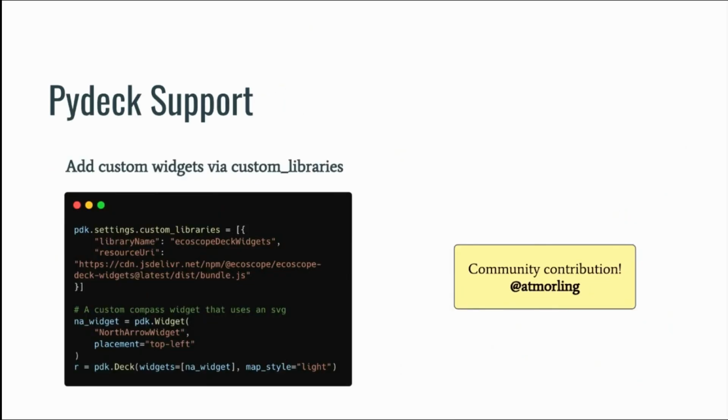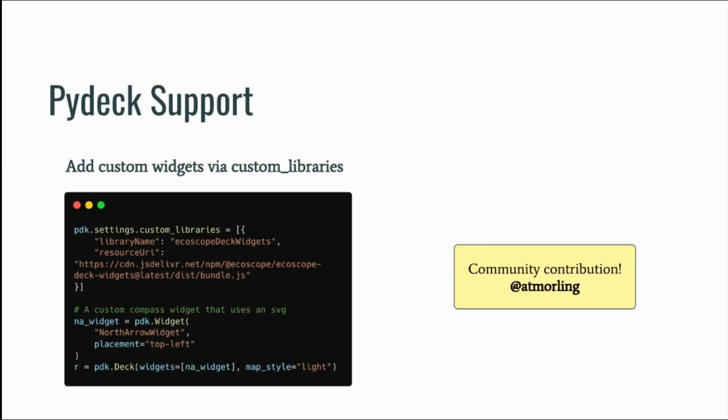Of course, one of the biggest use cases for widgets is in Python, because in Python you can't really write your own easily. You can't really access the DOM very easily. And so it's easy to create a deck.gl visualization in Python, but adding these types of extra components can be quite hard.